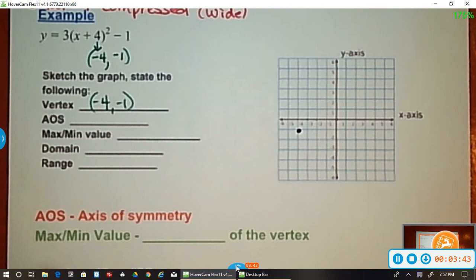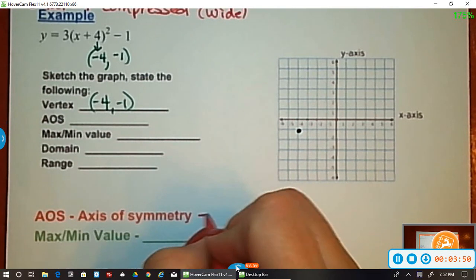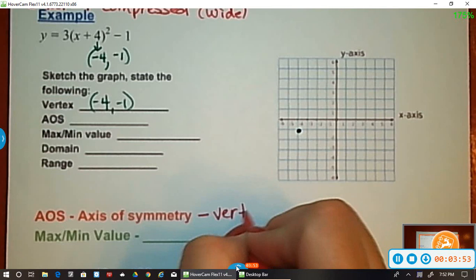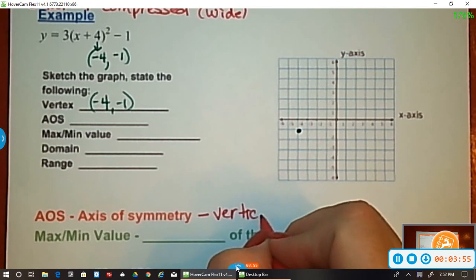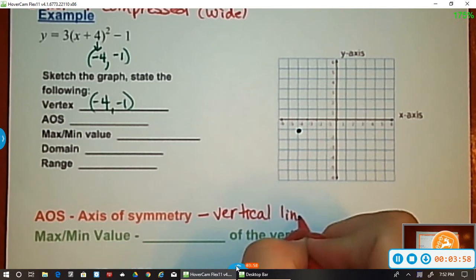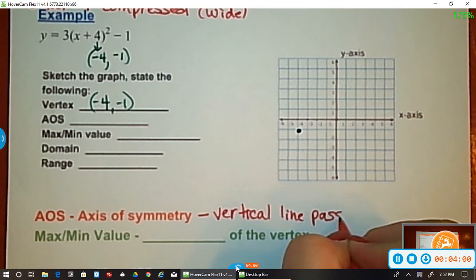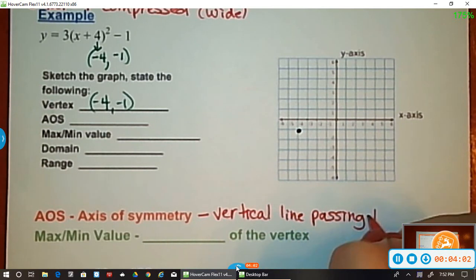Axis of symmetry is a vertical line that goes through the vertex. And that equation always looks like x equals some number.